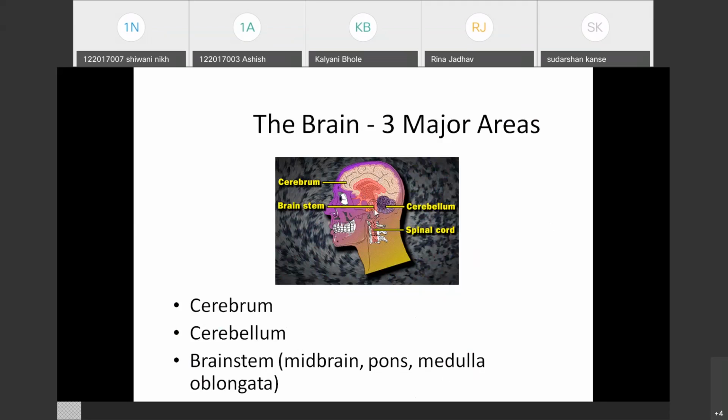And followed by the brainstem, there is a spinal cord. So majorly you can consider that this upper part we call it as a cerebrum. Then this backside lower part we call it as a cerebellum, and this middle inner part we call it as a brainstem. Three subparts, three major parts.